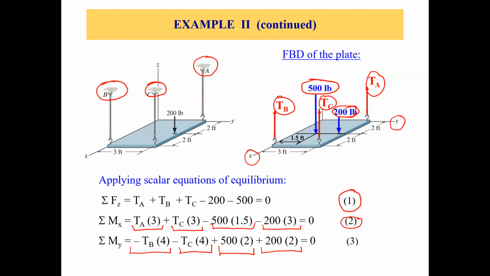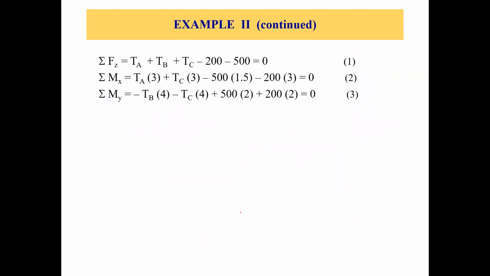This is again creating a counterclockwise moment, and it has a moment arm of 2 feet. So we get positive 200 times 2, because it's a counterclockwise moment, right? So this gives us our equation 3, right? Let's go ahead and see. These are the same 3 equations which we determined on the last slide.